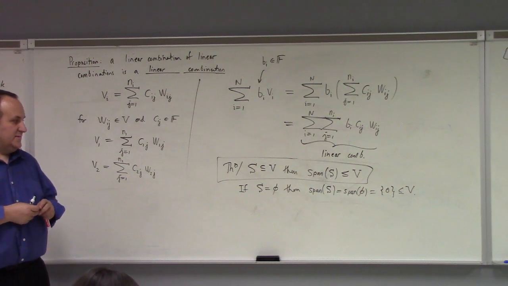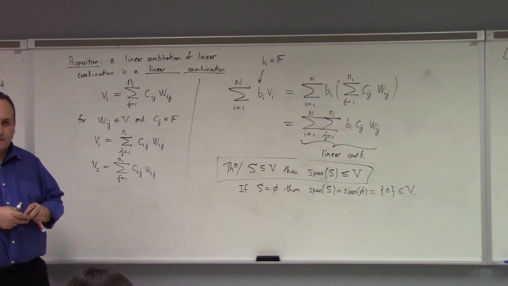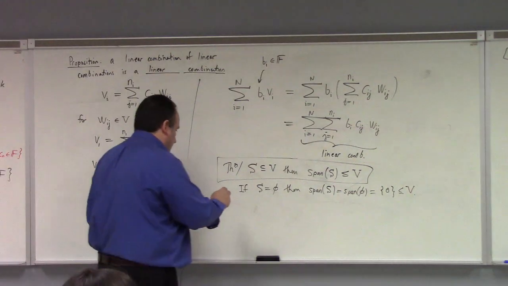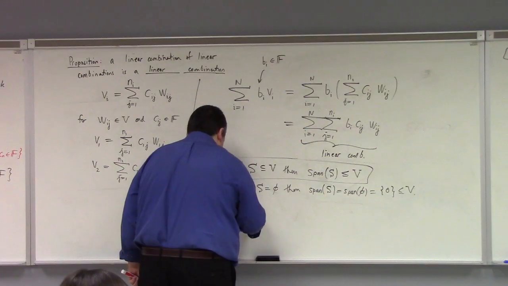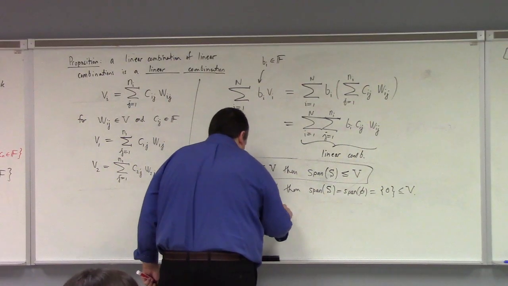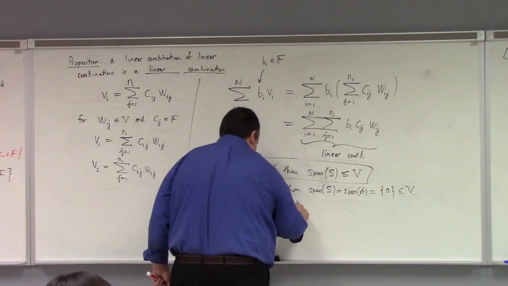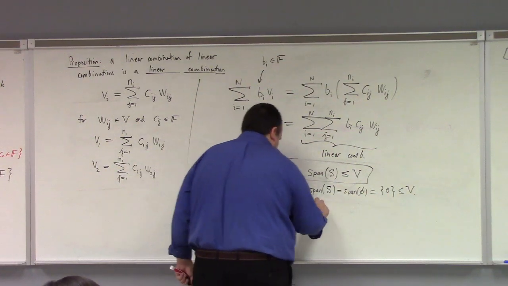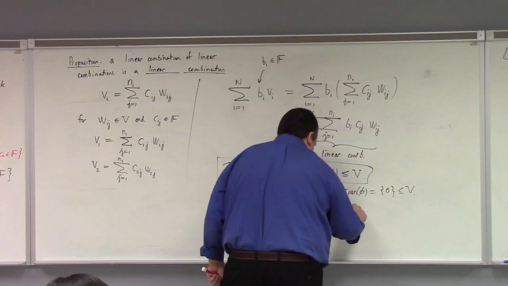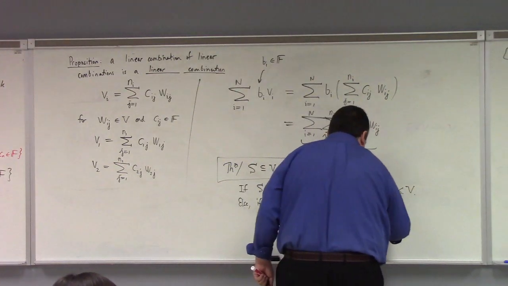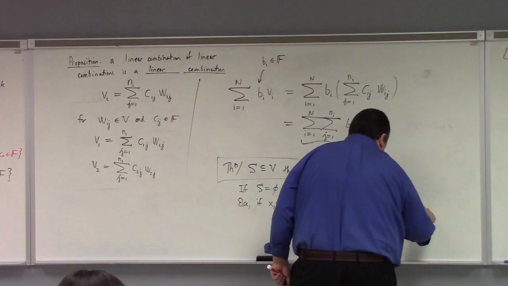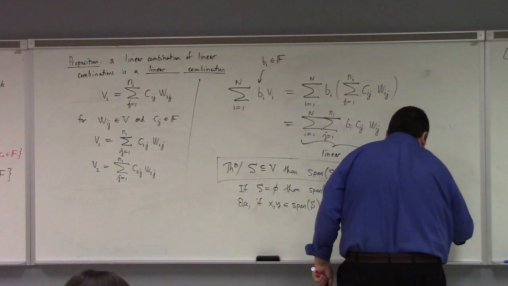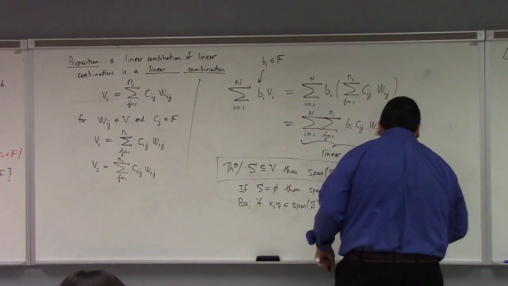Else, what is the span? It's a set of finite linear combinations. If x and y are in the span of S, and alpha is in the field, then alpha x plus y is in the span of S. Why is that?